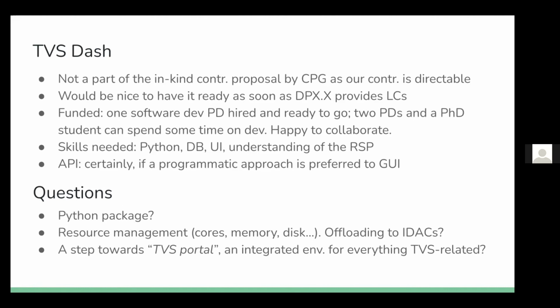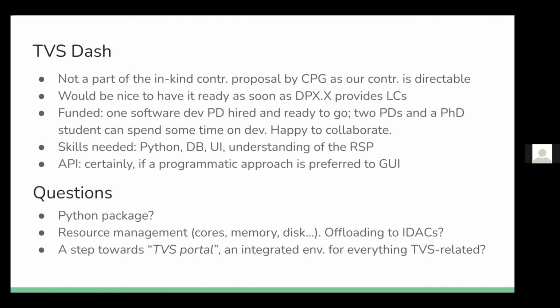Skills that are needed would be Python, database access skills, user interface, and understanding of the Rubin Science platform. And if this proves to be popular, certainly an API or even a full-fledged Python package could be developed, in case there are enough users that would prefer a programmatic approach to GUI.